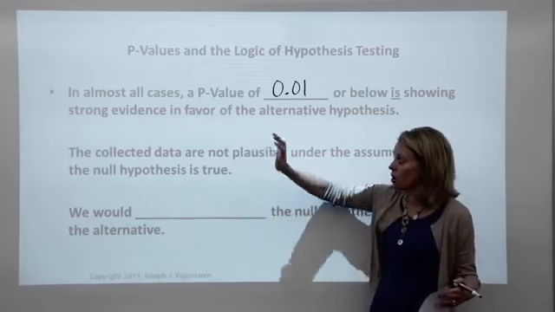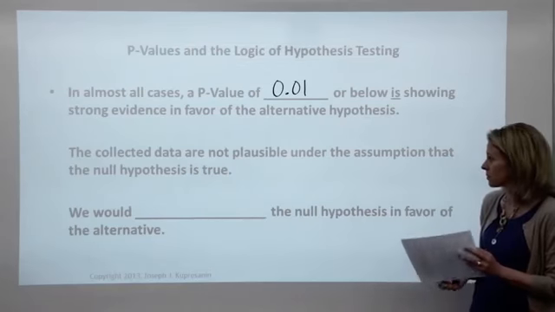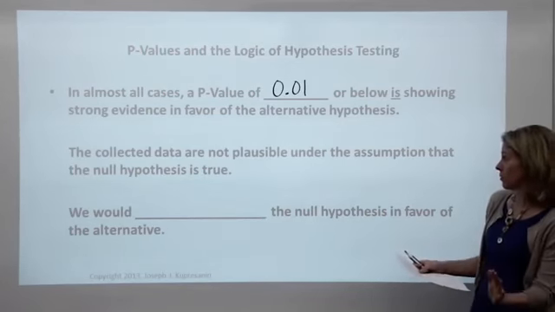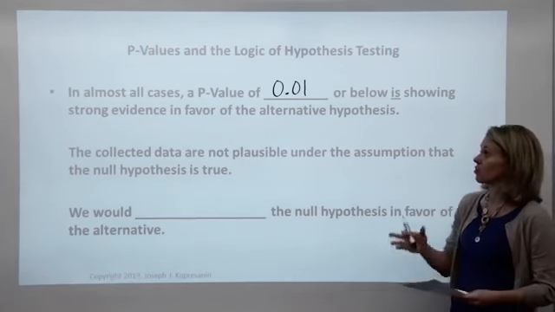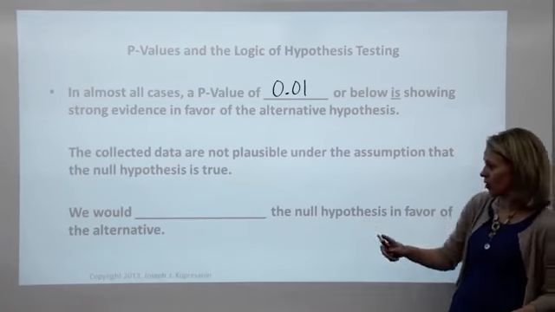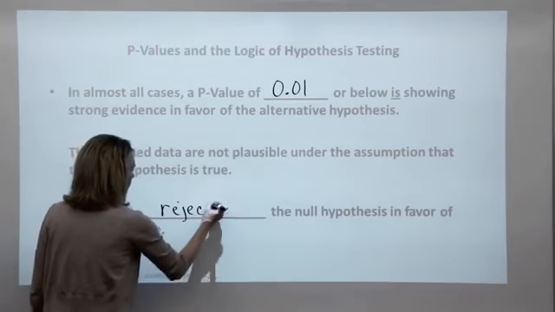So almost always we'll find evidence in favor of the alternative hypothesis. The collected data are not plausible under the assumption that the null hypothesis is true. And when this happens, we reject the null hypothesis and find favor for the alternative.